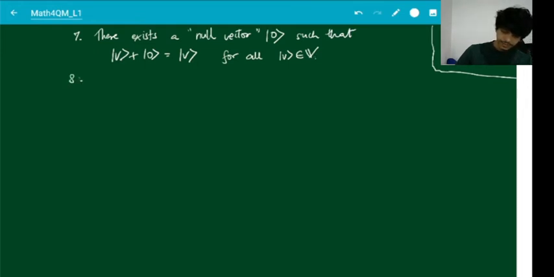And then also for every vector you have what is called the additive inverse, means the negative of that vector.